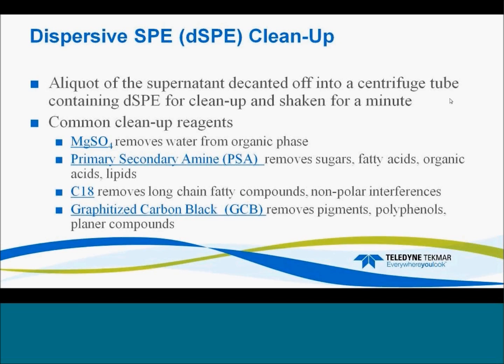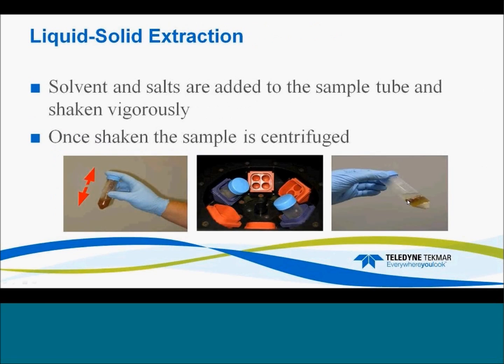The next step as we progress through the method is a dispersive solid phase extraction step. This step can either be performed or not. If it's an easy sample such as apple, we can take the liquid on top of our liquid-solid extraction and just dilute and shoot into our LC, or blow it down and shoot it into our GC.